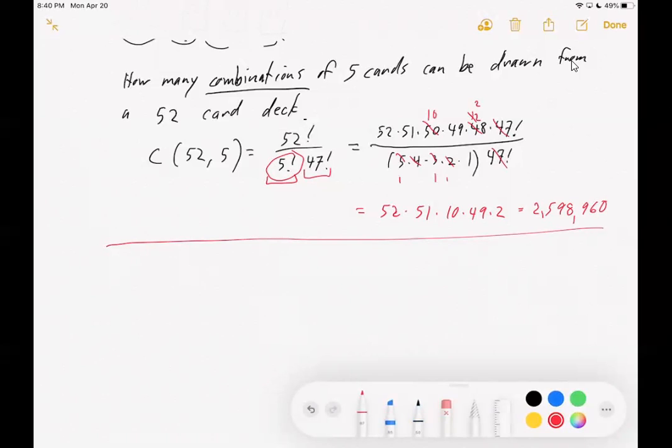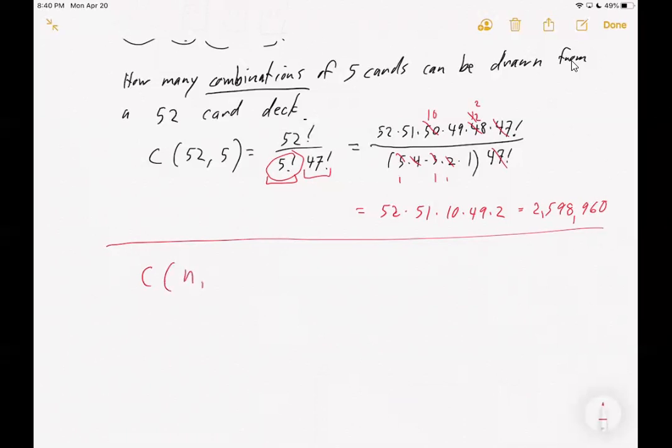If in general, I want to find the combinations for n objects taken r at a time, n equals the number of objects in the set, but objects in quotes, because it could be something other than an object. Could be people.